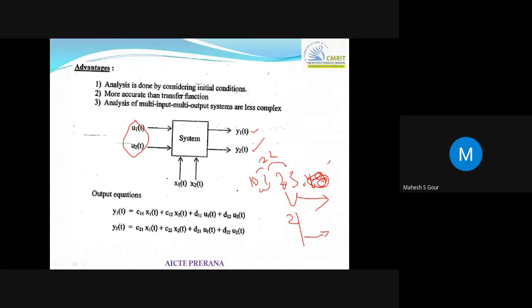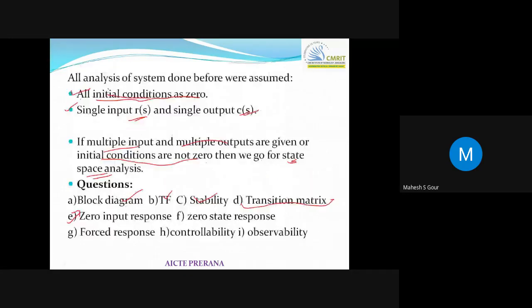There is no change in the input. So still your fan will run continuously. Even if the input is 0, your output exists because there is existence of initial condition. Now there is the zero state response. I'll explain what the zero state response is, and you are going to learn what is forced response, what is controllability, and observability, right?